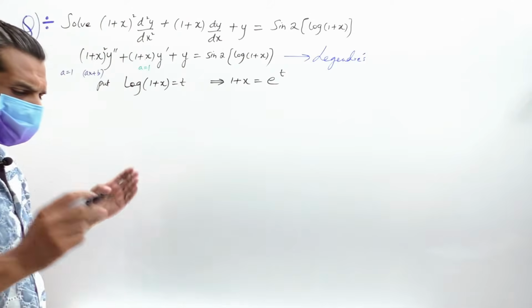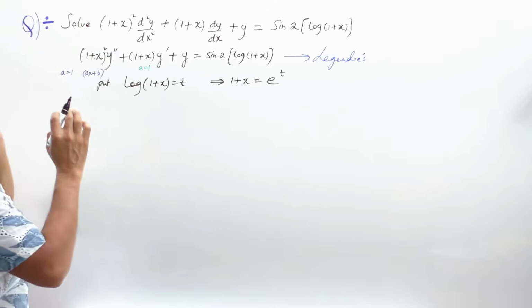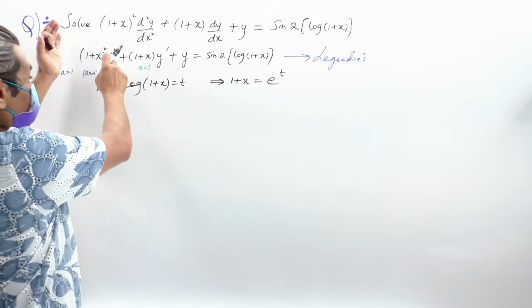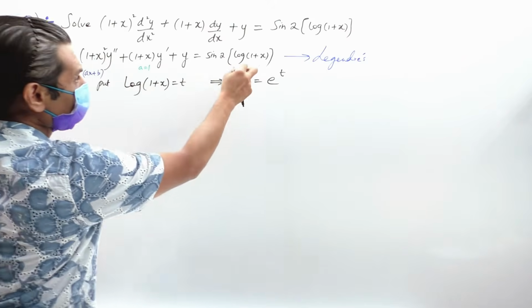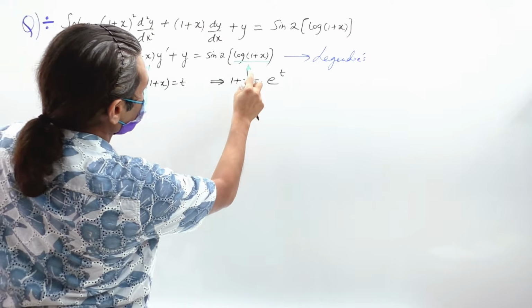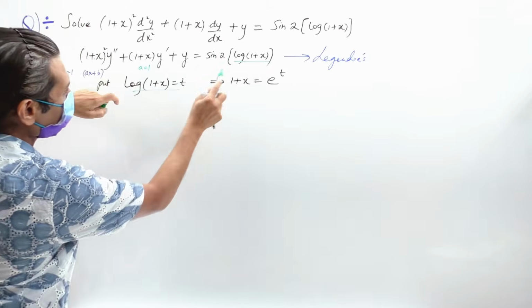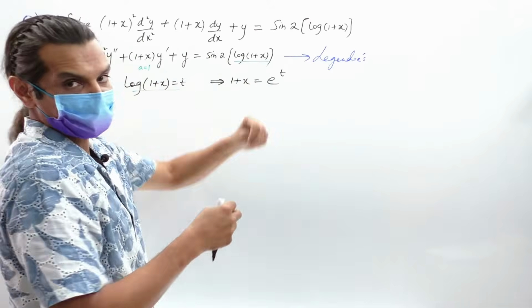Okay, now I am writing everything in a simple way here. Please pay attention. We have the RHS now in form of t. In place of log (1 plus x), you are putting t. Whichever is convenient, either this or this, you have to put it here.